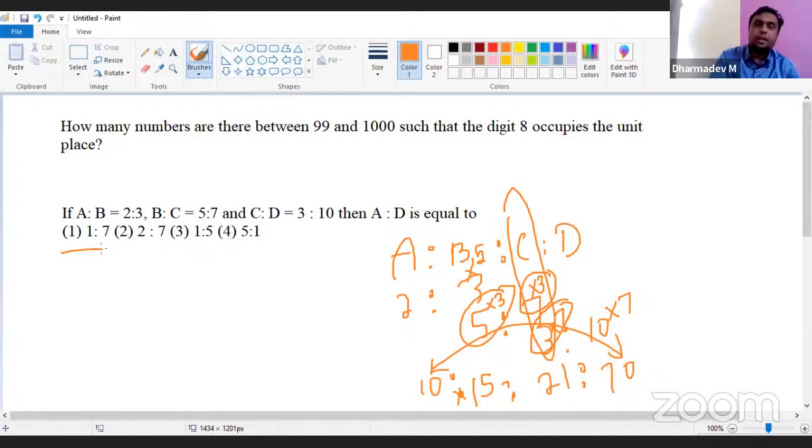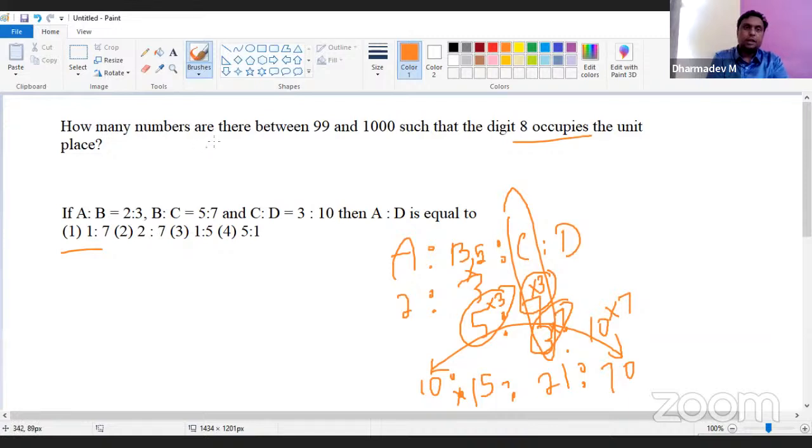So now 99 to 1000, what are the numbers occupying the unit digit as 8? So what are the numbers with 8 in the unit place?